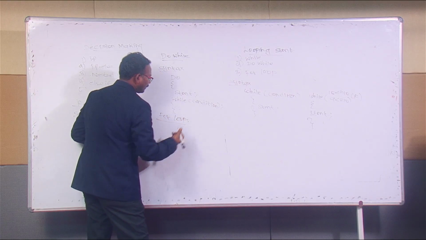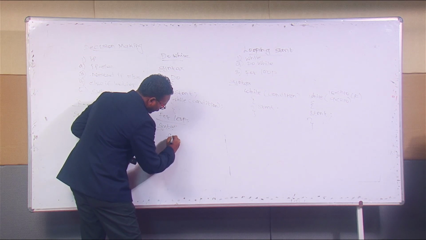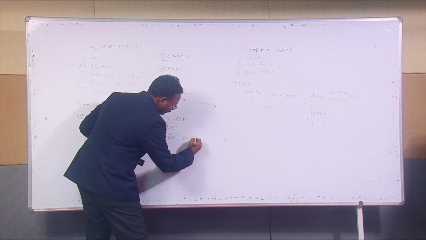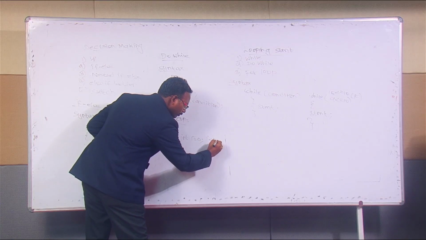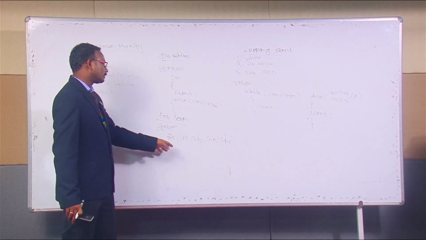In the for loop we have three conditions. For is a keyword, for example int i = 0; i >= n; i++. These three things take place in a for loop.